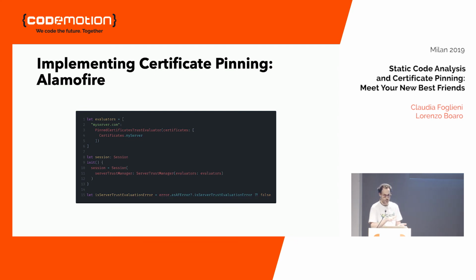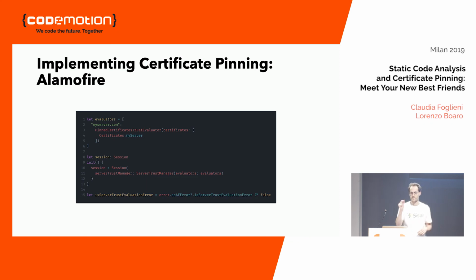Another way to do it is, for example, to use Alamofire. Maybe in your iOS application you use Alamofire a lot, and Alamofire from version 5 has been improved, and you can use a PinnedCertificatesTrustEvaluator. This trust evaluator accepts a list of certificates.